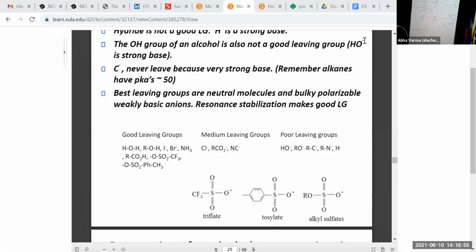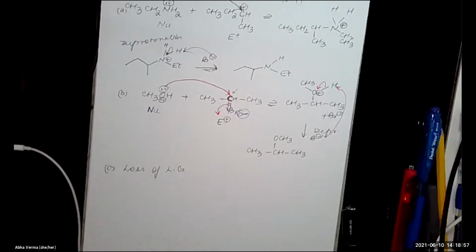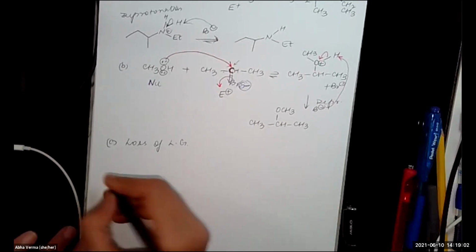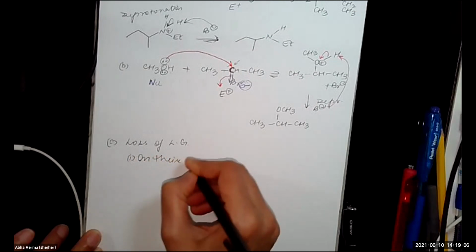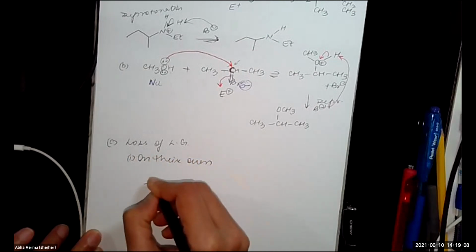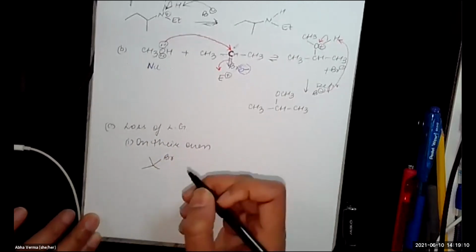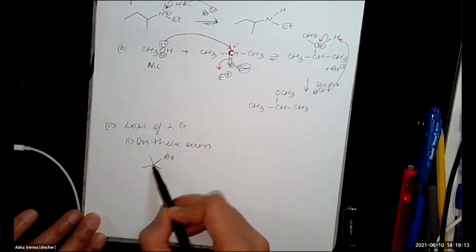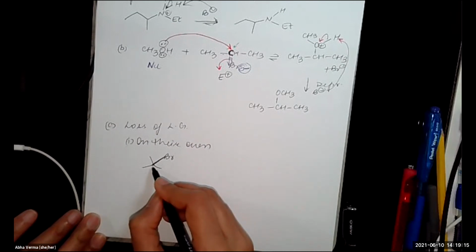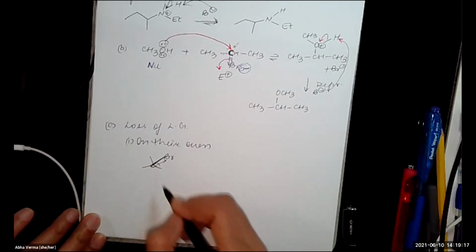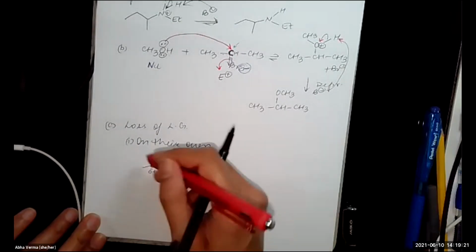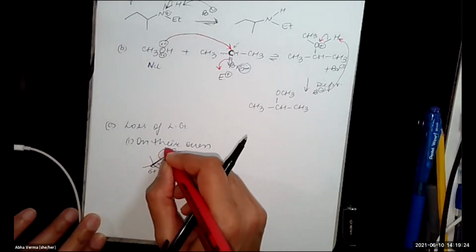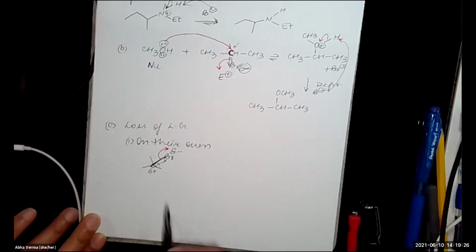So leaving groups, sometimes we will see, and we will see this in an upcoming mechanism, they can leave on their own. Why this? This is a polar group with this carbon partial positive and the bromine partial negative. The bond breaks and we show the leaving group leave.